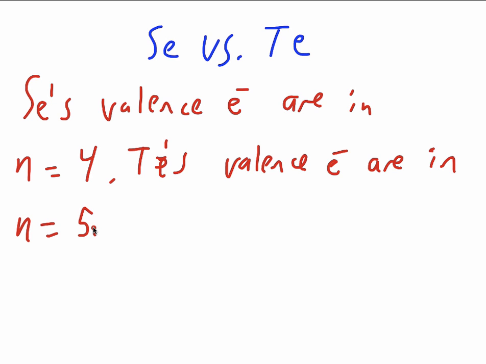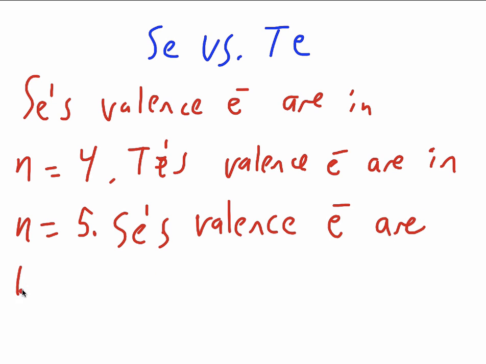Then we say Se's valence electrons are less shielded. There's less shielding electrons in the way, and thus the electrons experience more pull.